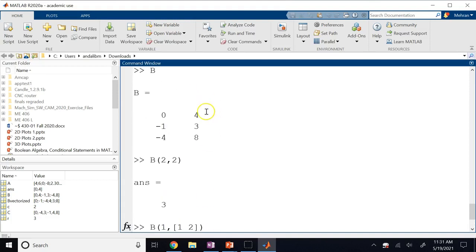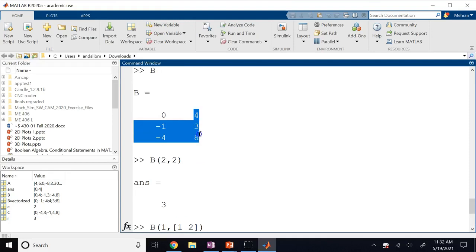That's one way to access it. Another way, instead of typing all the columns that I want, I can simply say 1 and column. It means all of the columns for that specific row, and that would give you the same thing.